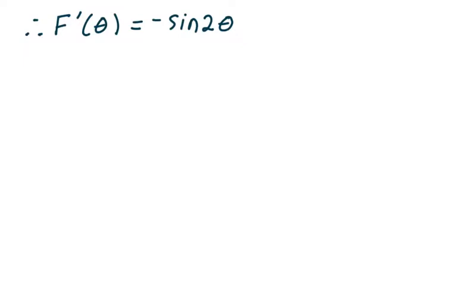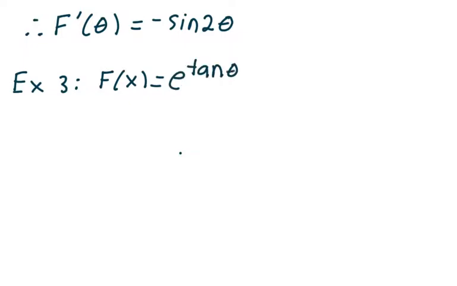Let's go ahead and do another one. Let's call this example 3. Suppose I had capital F of theta equals e to the tangent theta. So we need an inner function, like an inside function and an outside function.